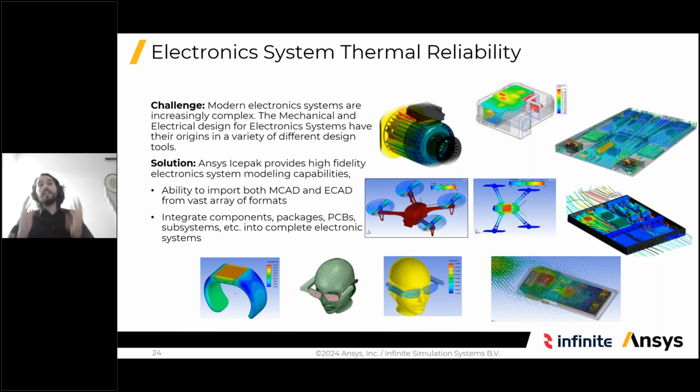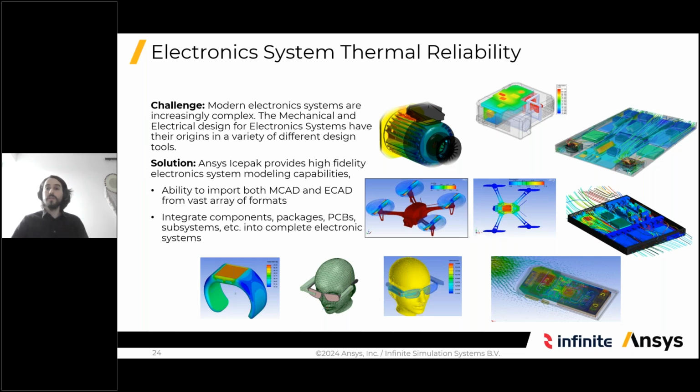So in the entire electronic system level, we might be having different PCBs, we might be having heat sinks, different shieldings, motors inside, etc. A complete system can be very complicated, and it's crucial that we understand the full system thermal behavior. Ansys IcePack can take a variety of both mechanical CAD and electrical CAD designs, and we can include both of them for the thermal simulations that we will be doing.